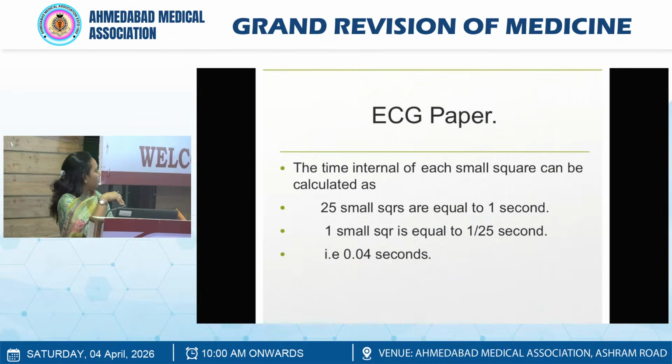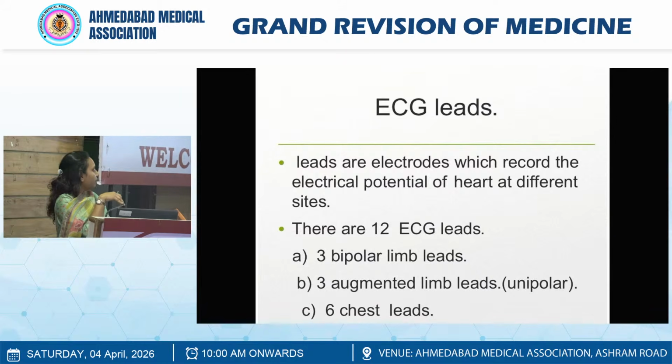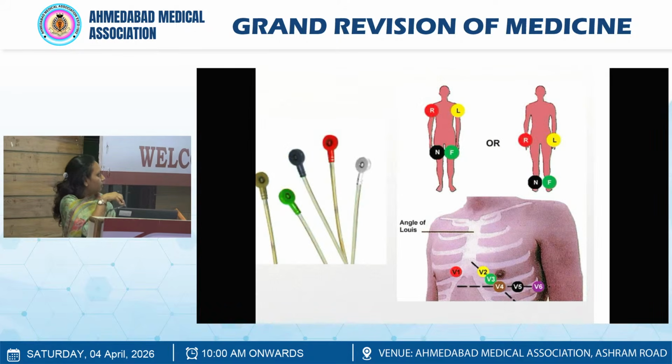Okay, ECG leads. This is a very practical thing. It might not be asked in your table viva, but a 12 lead standard ECG has 3 bipolar limb leads, 3 augmented limb leads, and 6 chest leads. Positioning of chest leads might be asked. V1 is usually placed in the 4th intercostal space, just right to the sternal border.